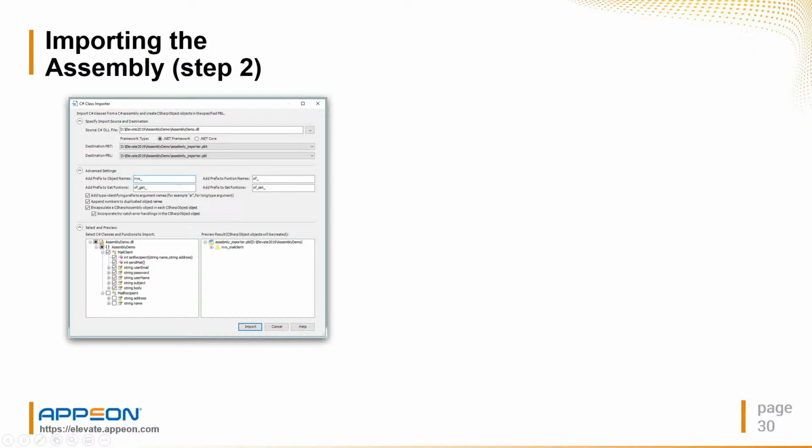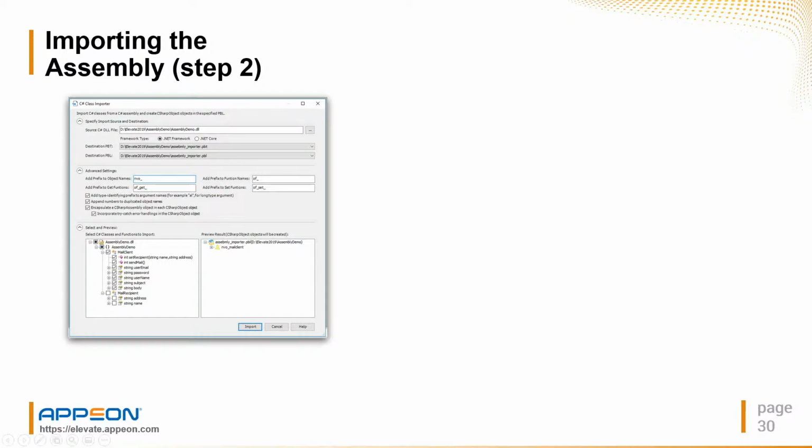This importer will always default, right here, to the first target that's in your workspace. And so you need to make sure this gets changed to the target that you want the proxy classes to be put in. So enough said about that, I guess. Use this browse button to go and find the .NET assembly that you want to create the proxies for.